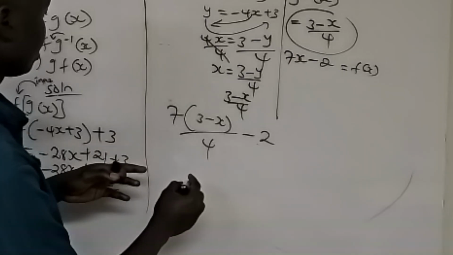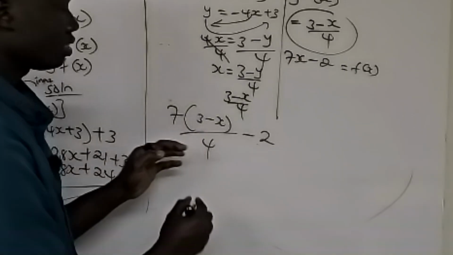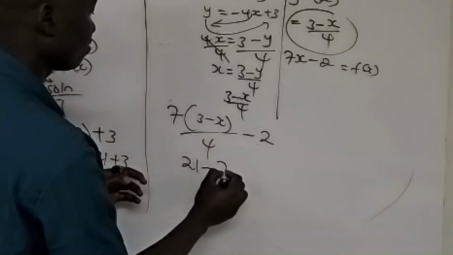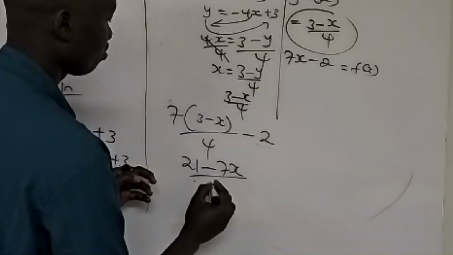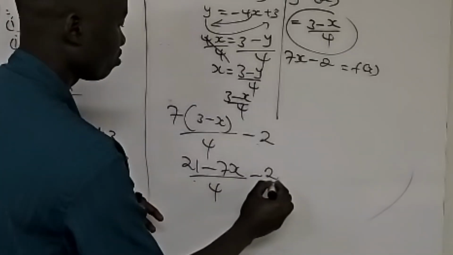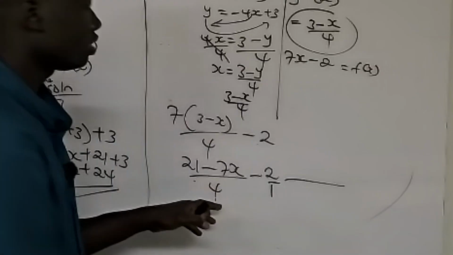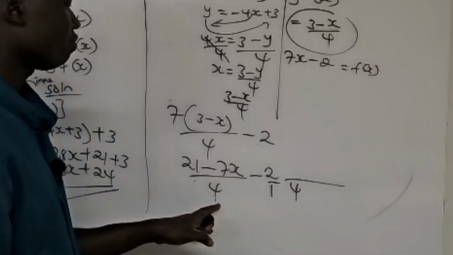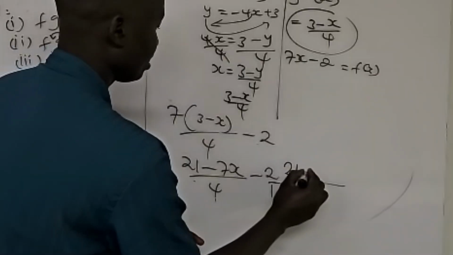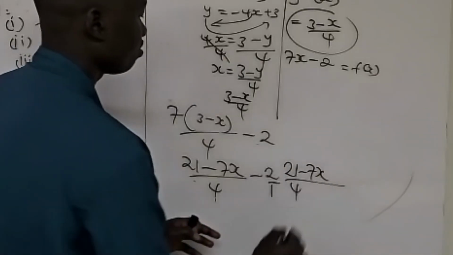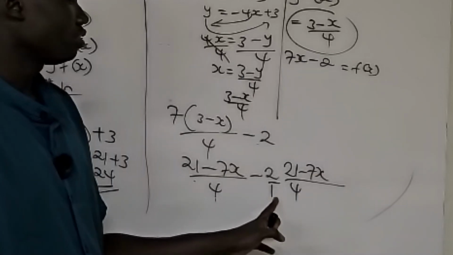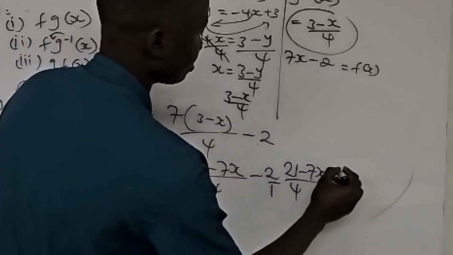So we have 7 multiplied by 3, that is 21, minus 7 multiplied by x, that's 7x, over 4, then minus 2. Now let's find the LCM, which is 4. 4 divided by 4 is 1, multiplied by the whole of this, we have 21 minus 7x. 4 divided by 1 is 4, multiplied by 2, that's 8, so minus 8 here.